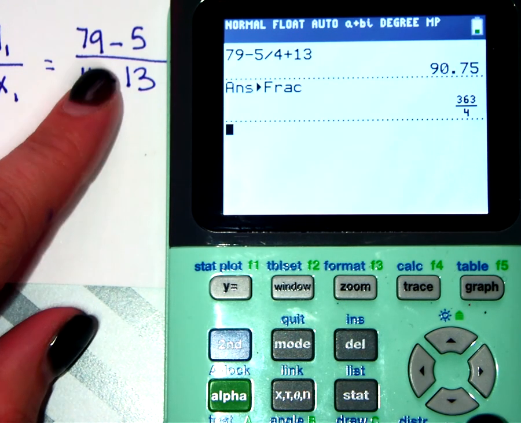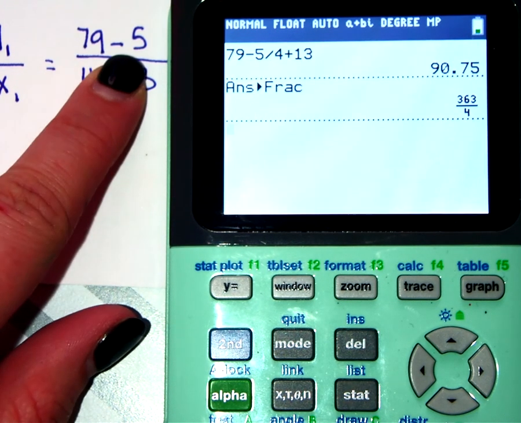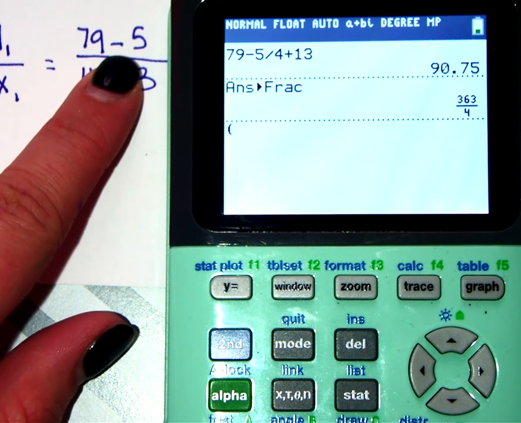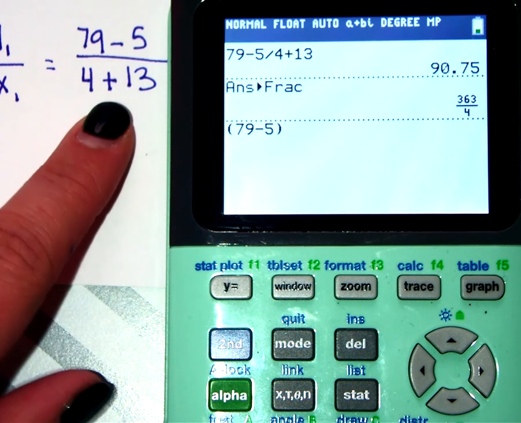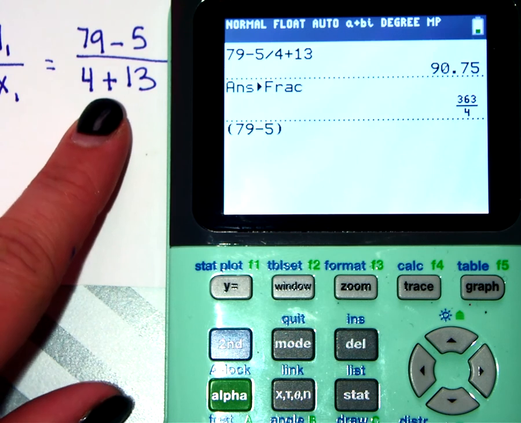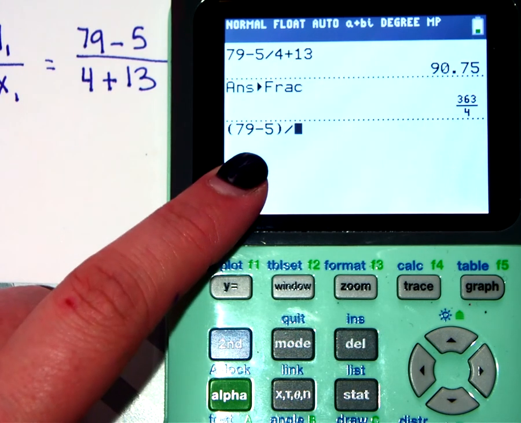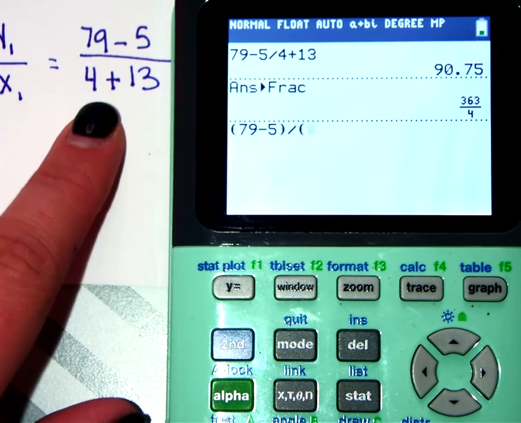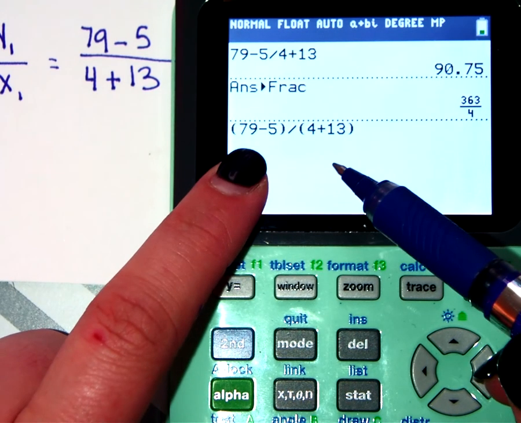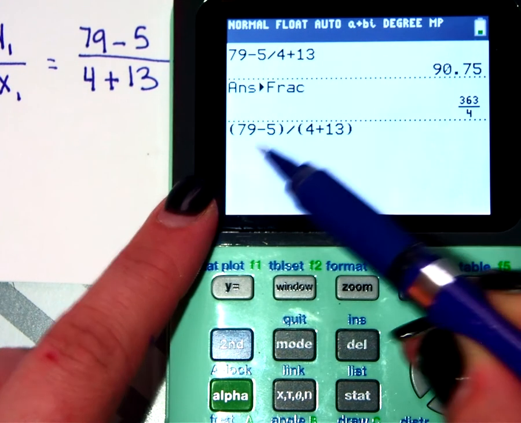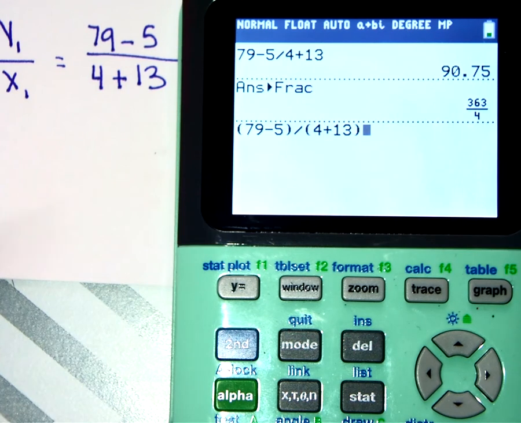So if we want to make sure that we subtract on top, you have to group it using the grouping symbol parentheses. So 79 minus 5. Then your calculator knows, oh, I should subtract. Then I'm going to divide once I add. Grouping these in parentheses ensures that your calculator subtracts and adds, then takes those answers and divides.